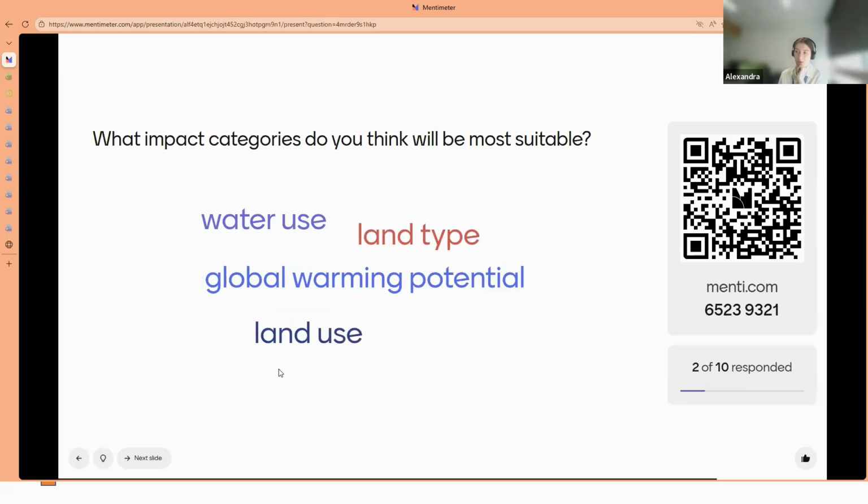Land type. There's nothing specific to land type. Maybe what you mean is effects like land pollution, such as acidification, ecotoxicity, maybe that. Although the impacts on the type of land you're using also could have an effect.